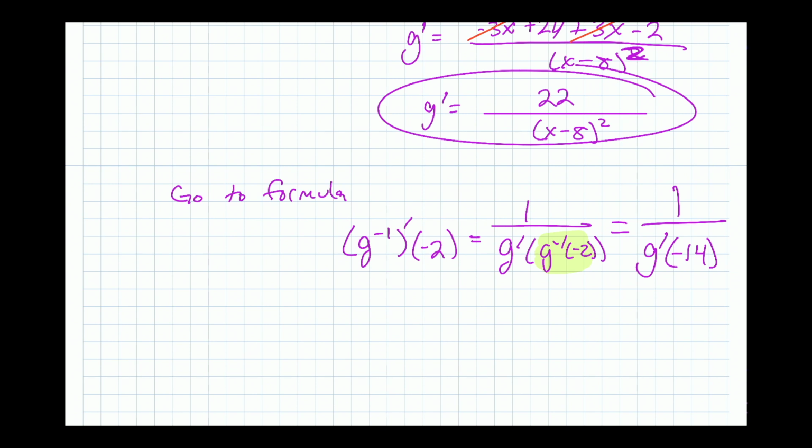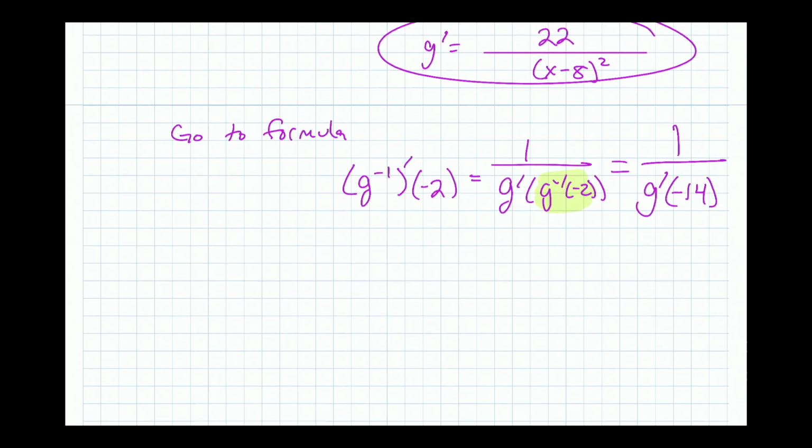So plug in negative 14 and we're going to get 1 over 22 over negative 14 minus 8 squared, which is going to be weird. Oh, no, it's not. So that's 1 over 22 over, and that looks like negative 22 squared.